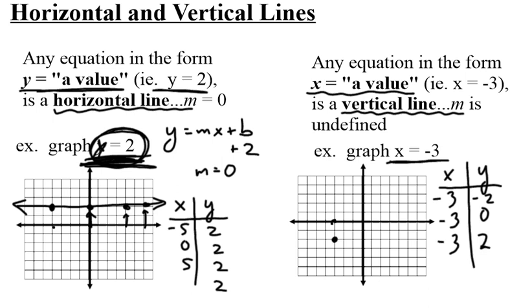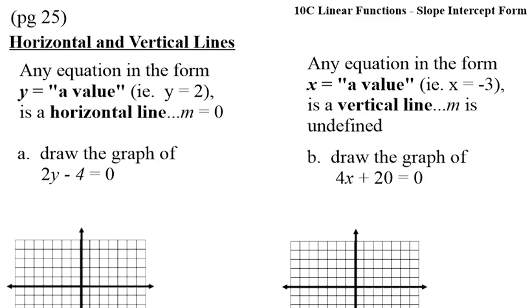X is -3, Y is 0. X is -3, Y is 2. We see that when X equals something, it's a vertical line. Another way to think of it, X equals -3, everything moves -3 x-axis wise. Everything on the x-axis is -3 over. Horizontal and vertical lines. Tricky, but you just need to remember it.